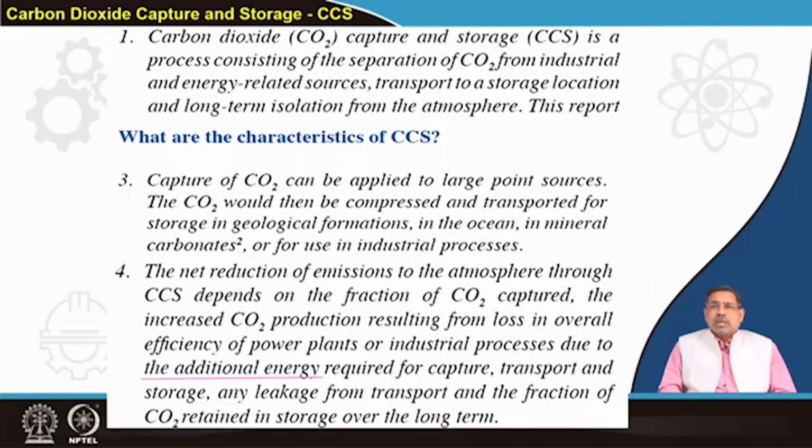So when we talk about the rise in the concentration of carbon dioxide in the atmosphere, we all understand that carbon dioxide is one of the important greenhouse gases which traps the outgoing longer wavelength radiation, thereby warming the atmosphere.